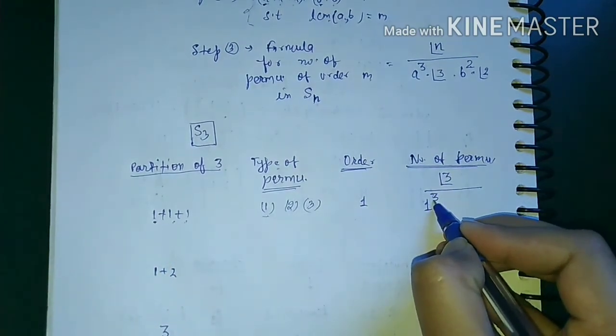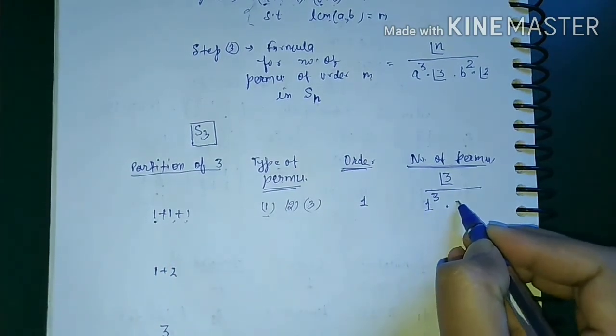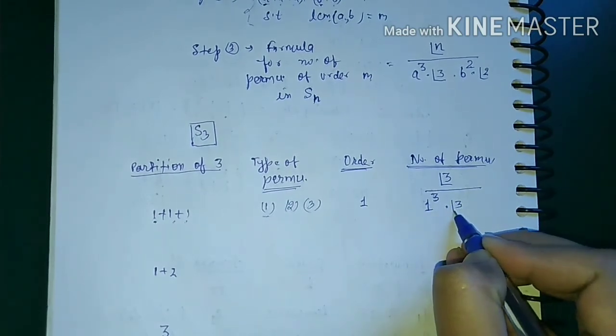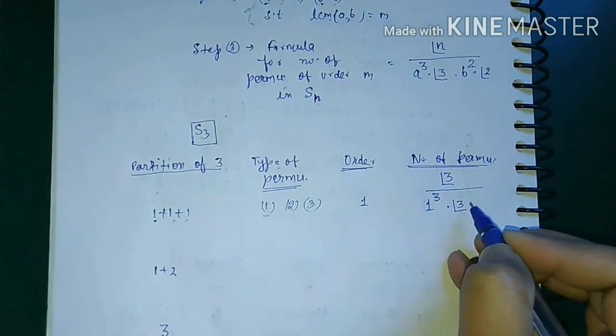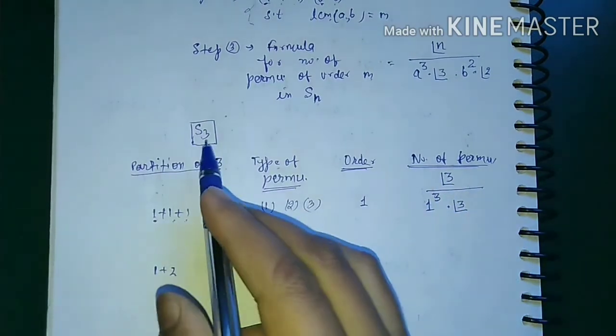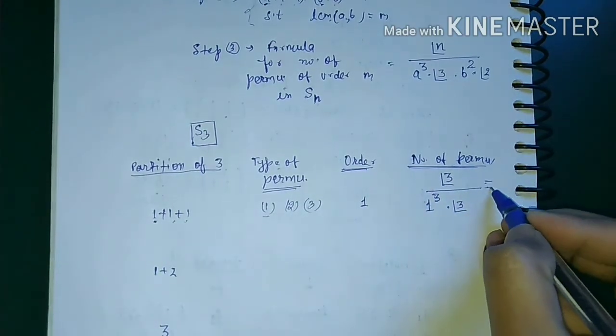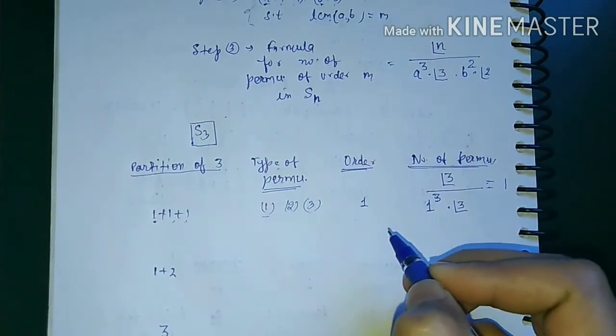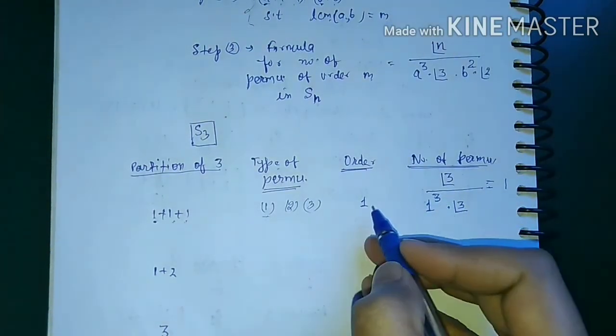So in the power of 1 we write 3, into factorial of 3. So this is the number of permutations of order 1 in this group, and it is equal to 1. So the number of permutations of order 1 is 1.